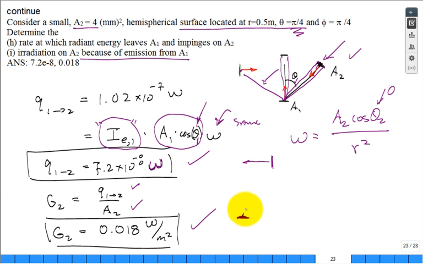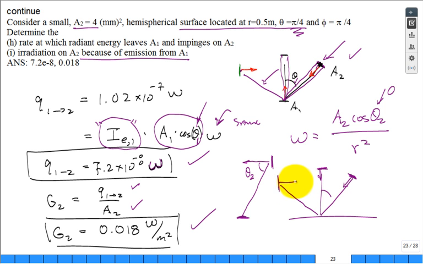I draw a straight line between them. This is my angle theta 2. But in both of these cases, theta 2 was 0. The first case where I had it at the top of the hemisphere, and the other at this location 45 degrees down from the top, because A2 is projected back and back. But I could have had a crazy one where it's over here at 45 degrees, but it's pointed that way. Well now I've got to consider theta 2 in my solid angle calculation.